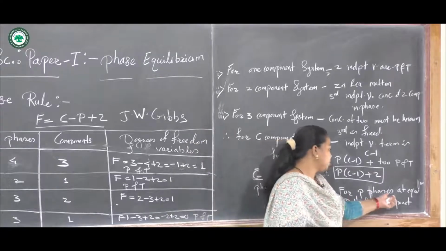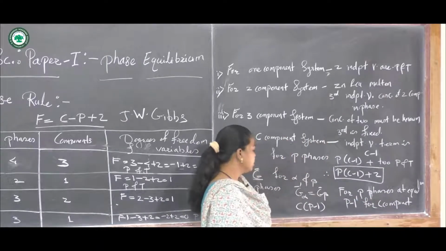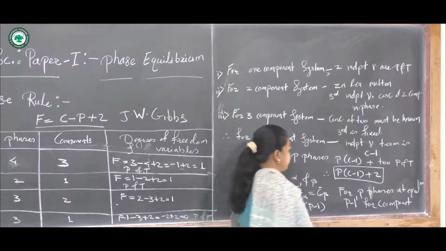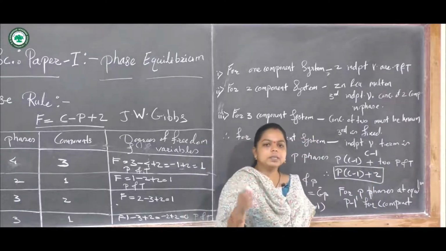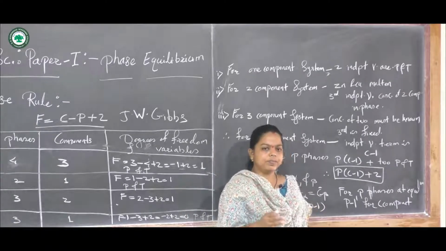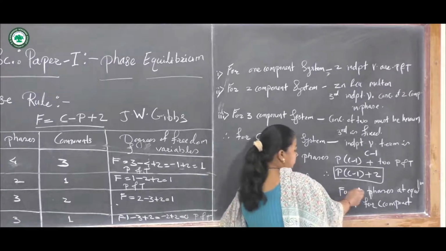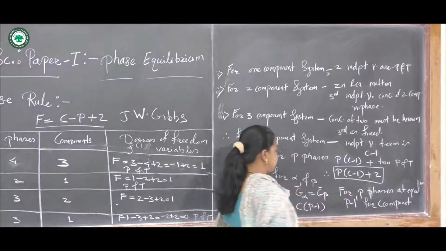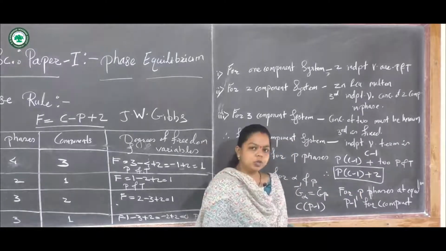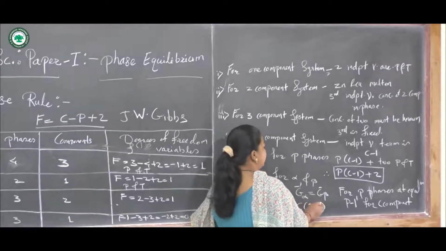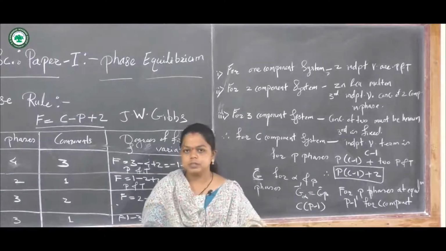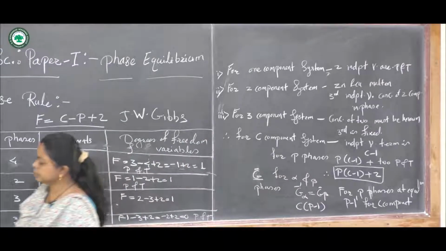So for P phases at equilibrium, we can write P minus 1 for the component, because we are keeping one variable fixed. For the phases it becomes P minus 1, and for the components C, it becomes C into P minus 1. So further we can write here.